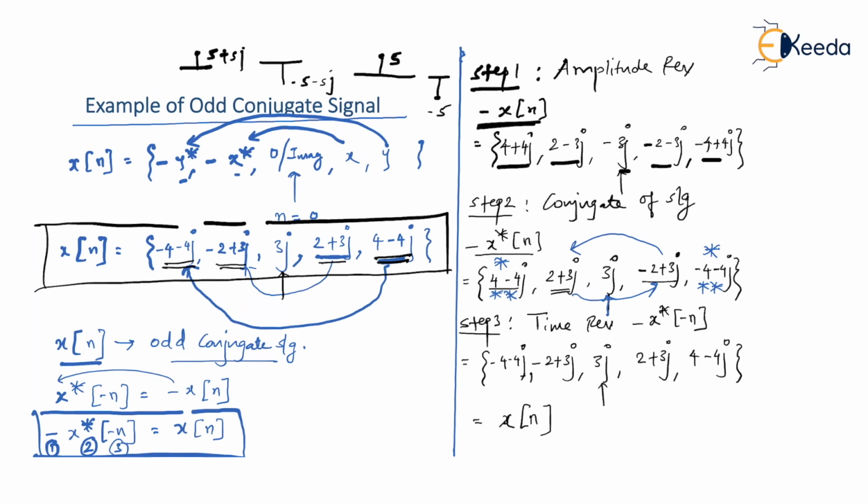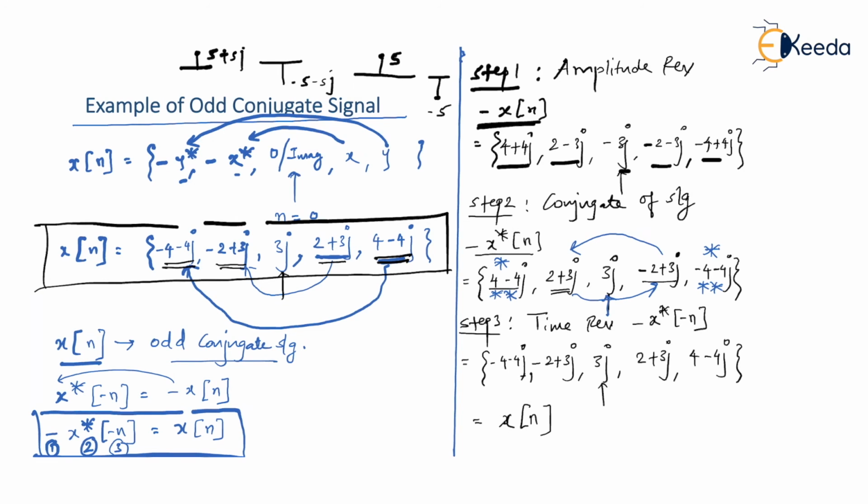So even after explaining this, students generally have a doubt that I have started explaining this concept with a discrete time signal also, and why I'm not showing the x of t signal. Or let me put this doubt in another way. Students generally ask me, sir, we know how even signals and odd signals really look graphically.